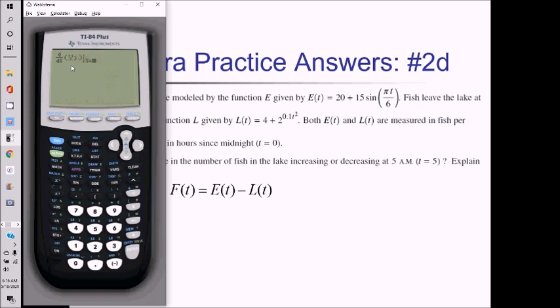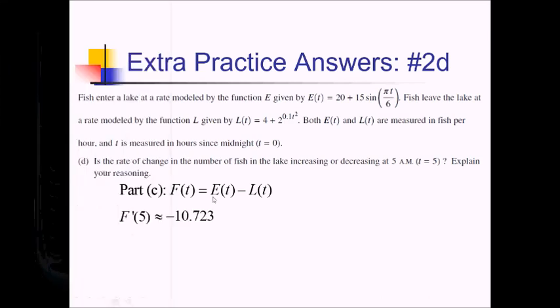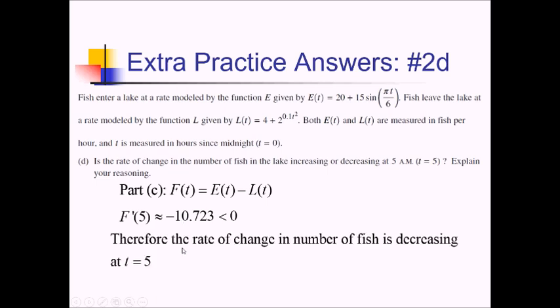And this happens at time 5, so let me put 5 in there. Press enter. And this comes out to approximately negative 10.723. So because this is a negative number, this tells me that f itself, the rate of change of the number of fish, is decreasing at time 5.